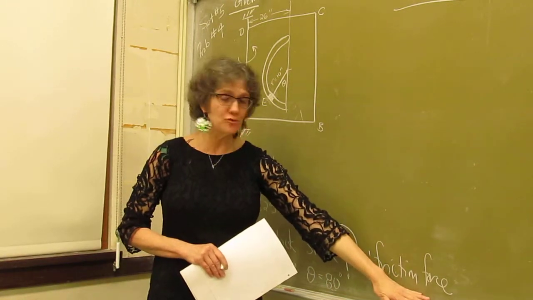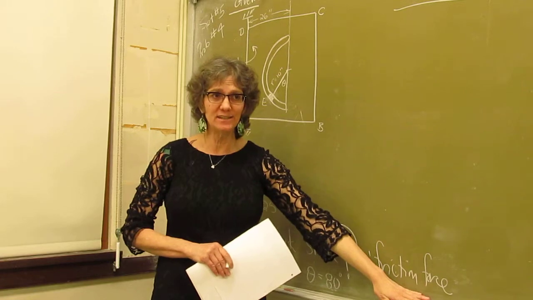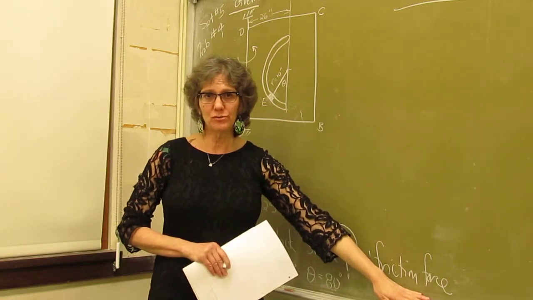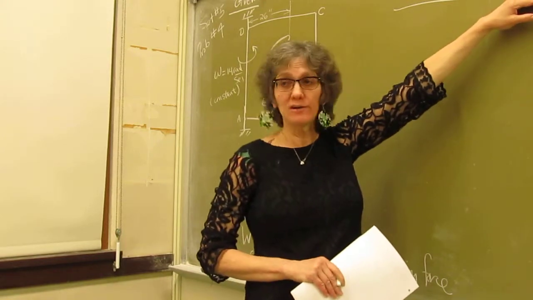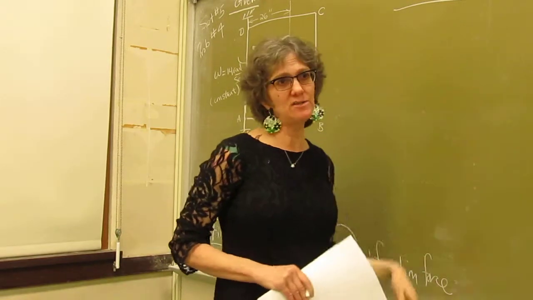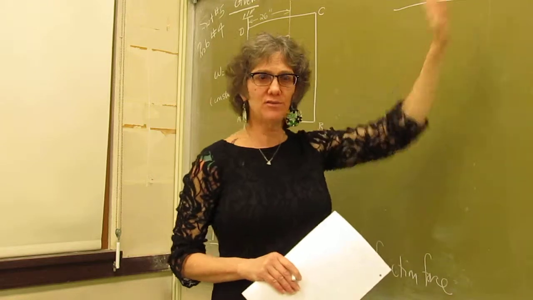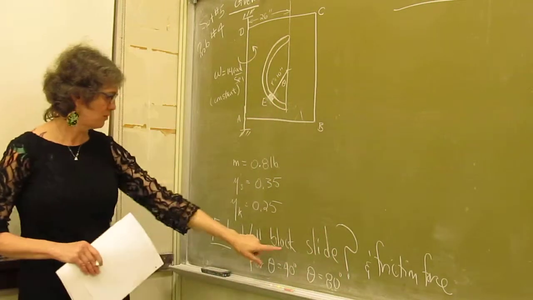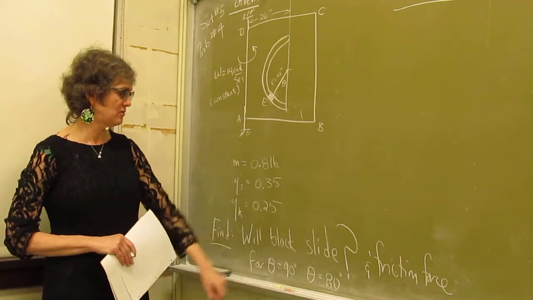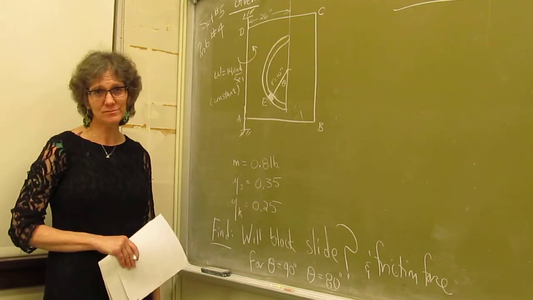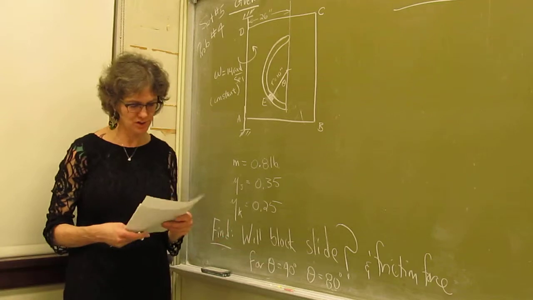We've got to make sure that this frictional force does not exceed the allowable frictional force. And then if it doesn't, then we'll say that our assumption was right, and if it does, we'll say our assumption was wrong. If our assumption was right, then we answer the question no. And if our assumption is wrong, we'll answer this question yes. Okay, so that's the strategy here.